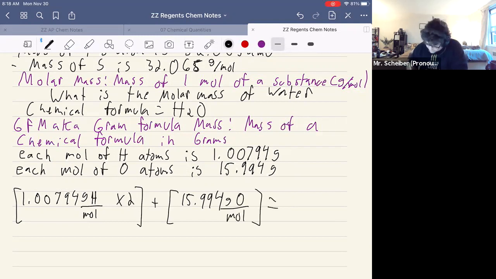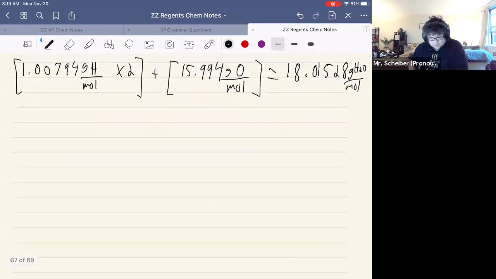And the gram formula mass for this is 18.01528 grams of H2O per mole. Right? Easy peasy lemon squeezy.